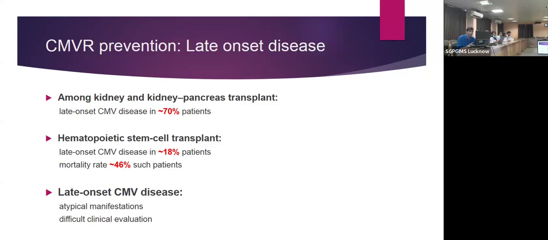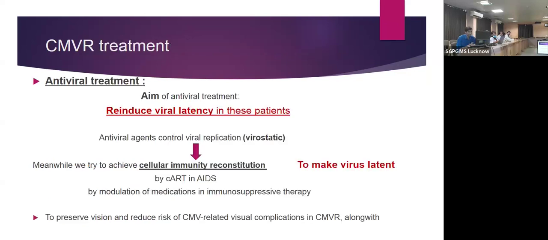The problem with late onset disease is its atypical manifestation, and it is very difficult to evaluate and diagnose clinically, because the features are not as typical as in early onset disease.